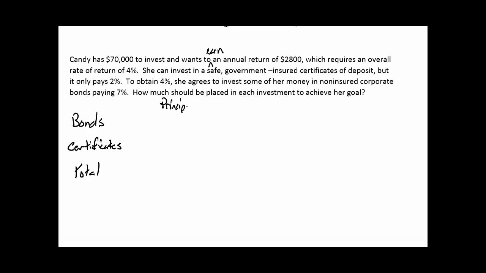Let's start with the idea of principal, that's the amount of money. So we know she's got $70,000 to start off with. What I don't know is how much she's going to put in each case. But I can say that if she's going to put a certain amount in bonds, b, then the remaining amount has to go into certificates, right?